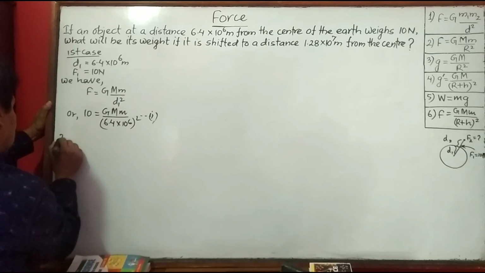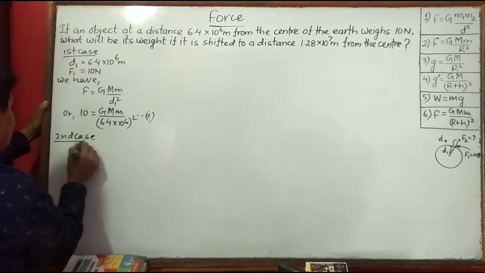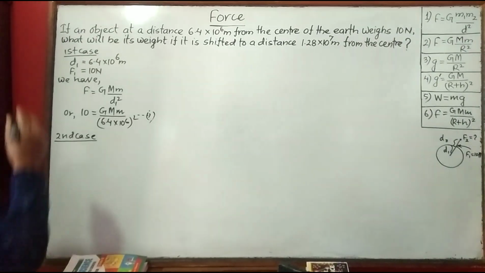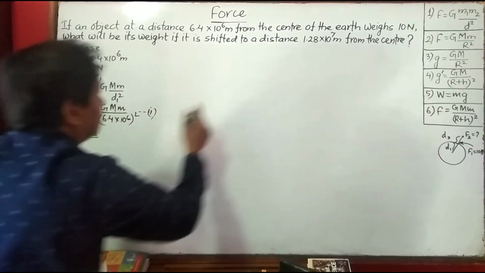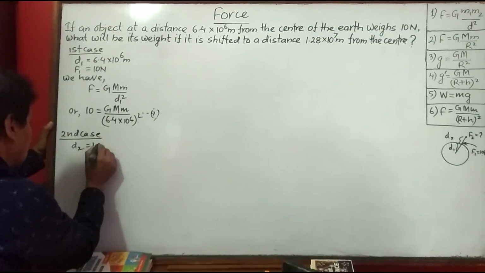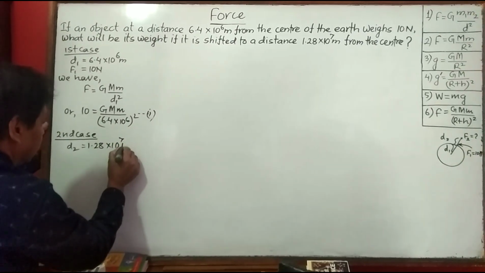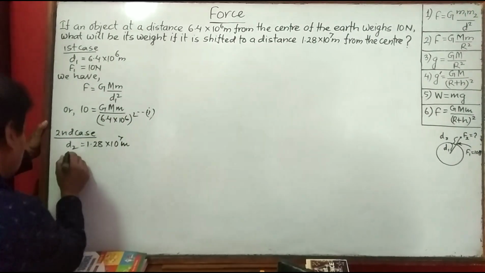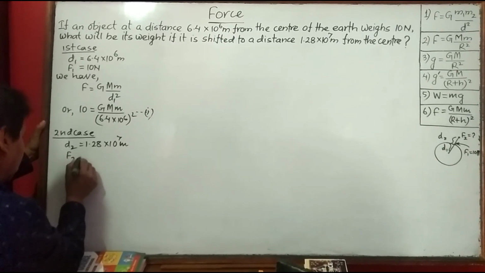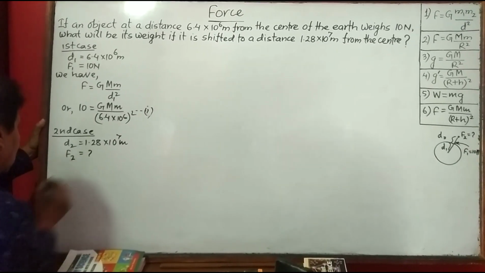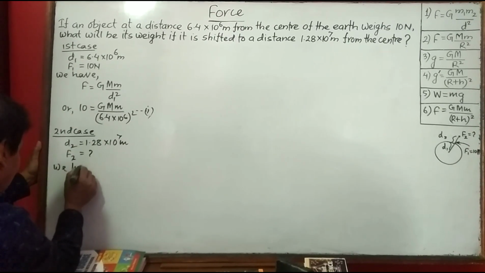Now we have the second case also. In the second case, the distance d2 is given: d2 is equal to 1.28 × 10^7 meter. And how much is the weight of that body, or the gravitational force on that body? F2 at this distance is the question. Again we have to go through the same.